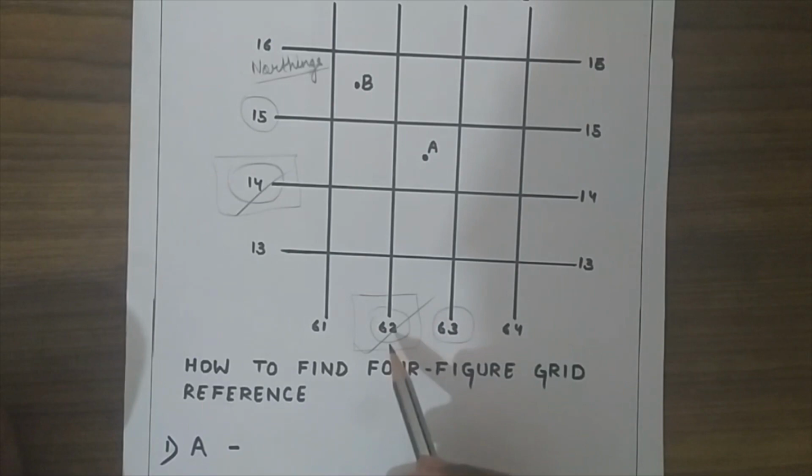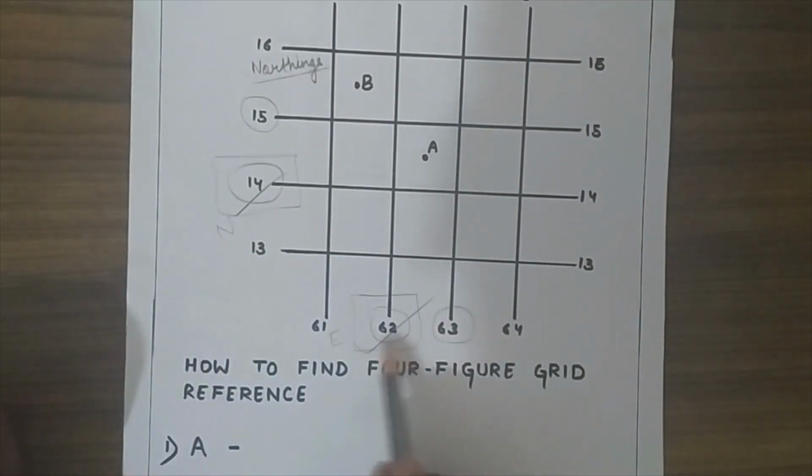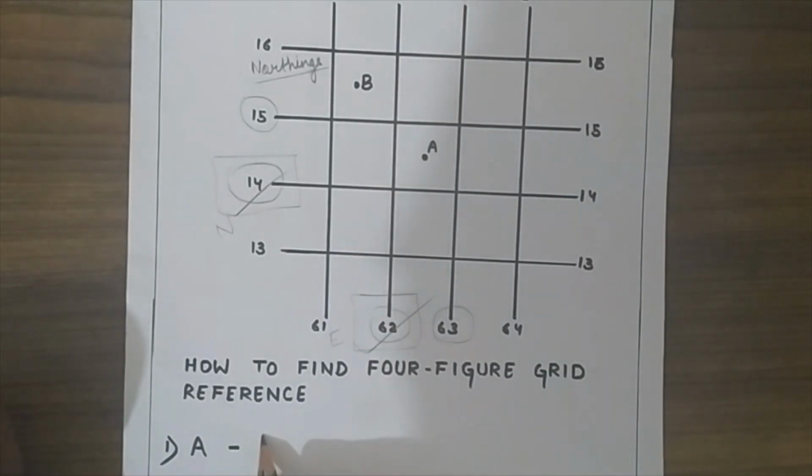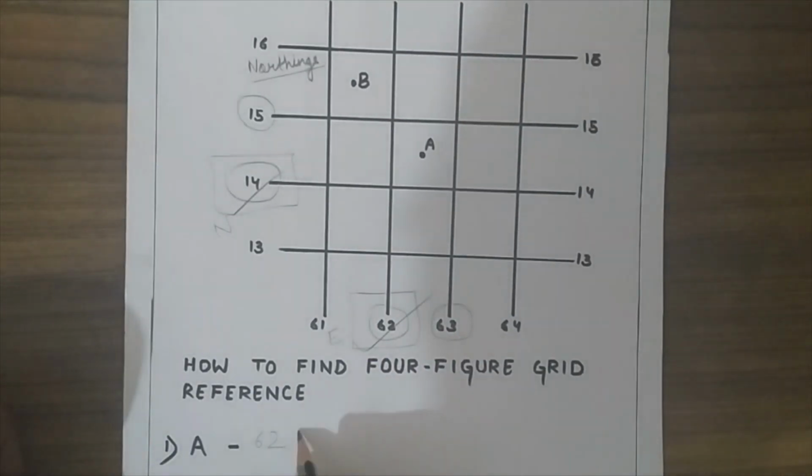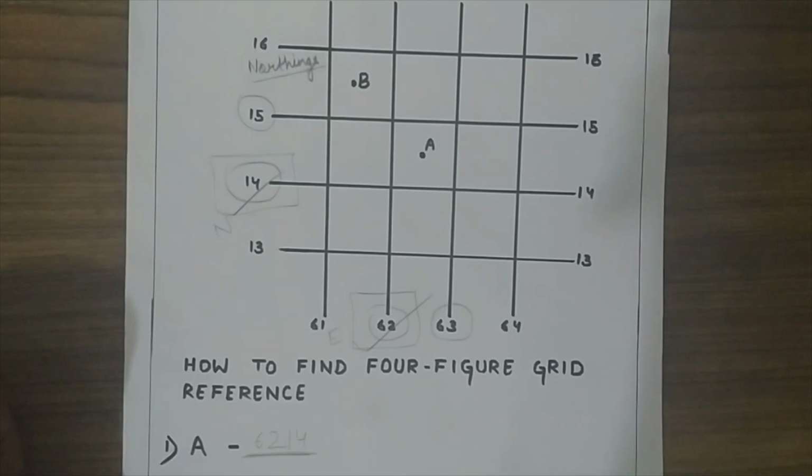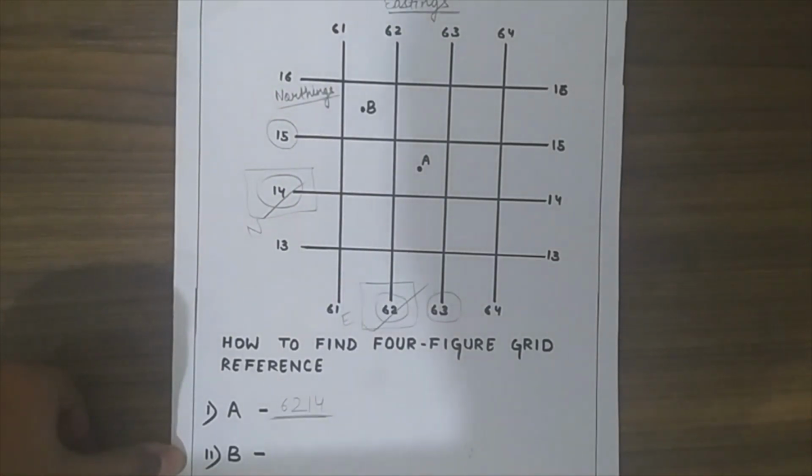We will write easting first and then northing. So easting is 62 and then northing, that is 14. So the four-figure grid reference is 6214.